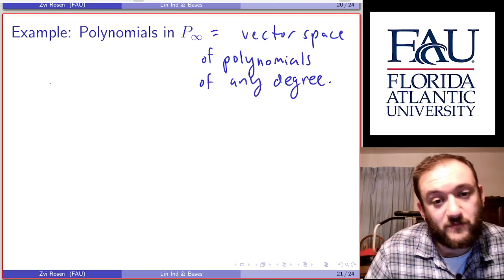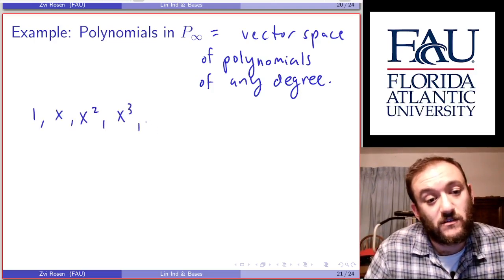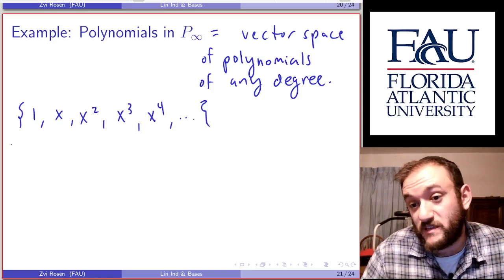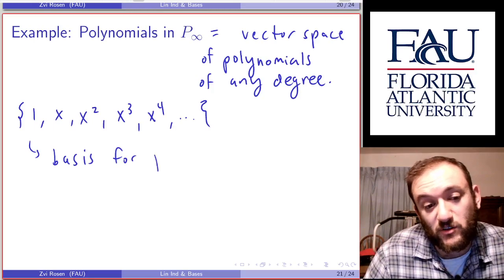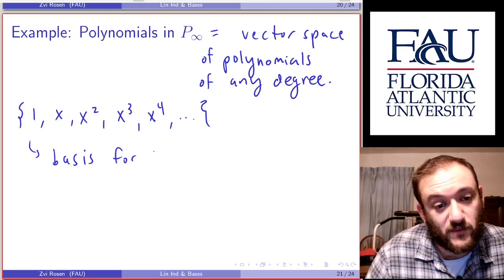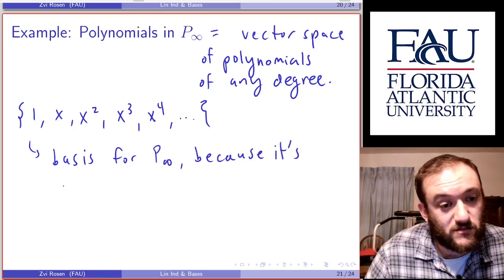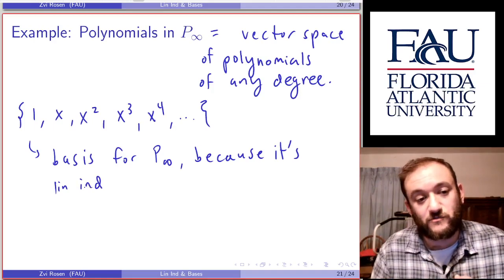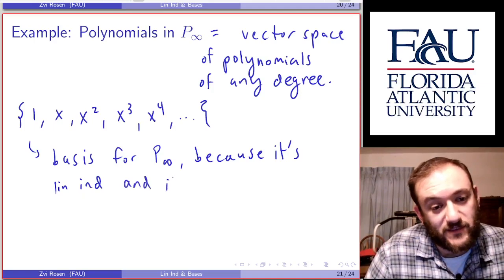It's pretty clear to see that if we take 1, x, x squared, x cubed, x to the fourth, etc., this is a set which would serve as a basis for the space of polynomials P infinity, because it's linearly independent, since you can't combine powers of different degrees to get another power, and it spans.